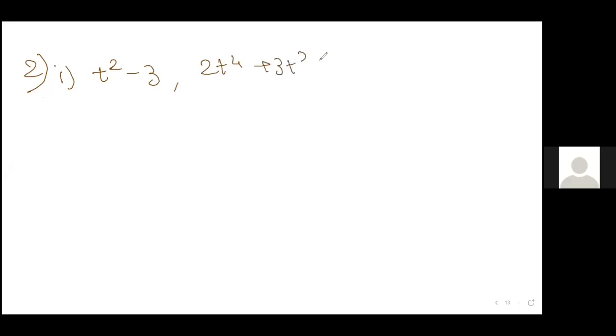Okay, it is given. I'll do the first one and the third one. The first one is given t square minus 3 and 2t to the power 4 plus 3t cube minus 2t square minus 9t minus 2.